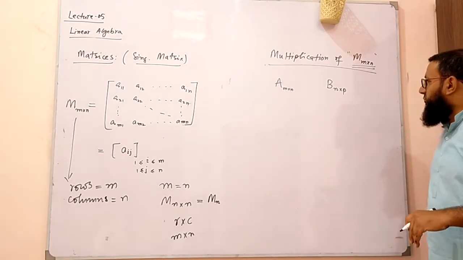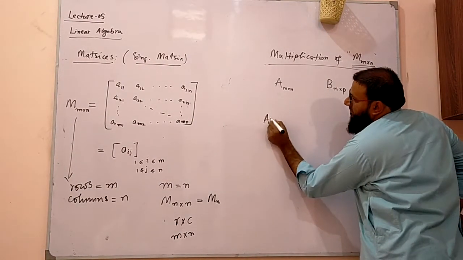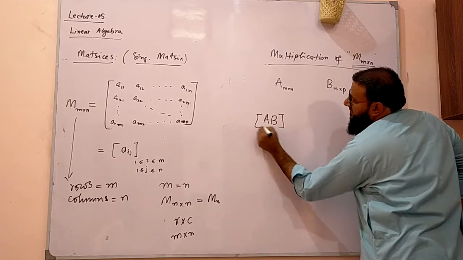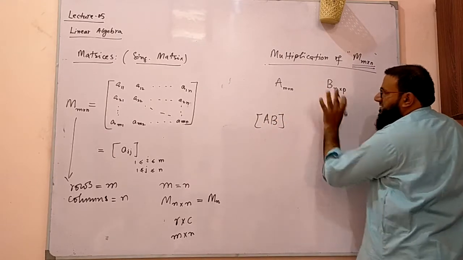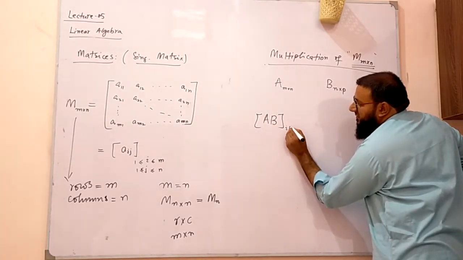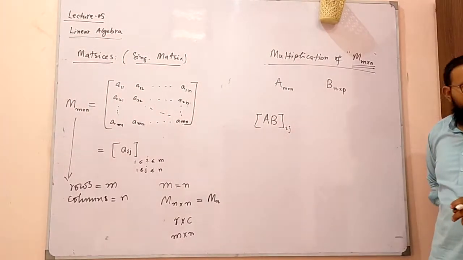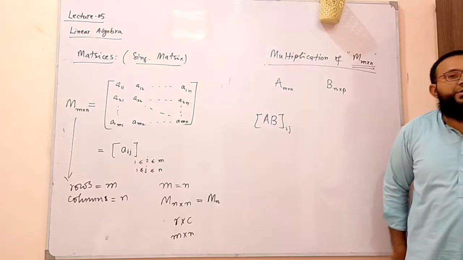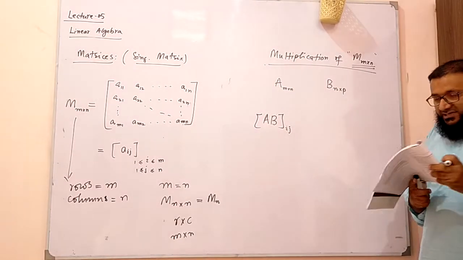Now what am I going to do? I am taking my matrix AB. What is matrix AB? It's the product of these two. And I am going to define the ijth entry of this one. It means I am going to define a particular entry. And how to get that entry?